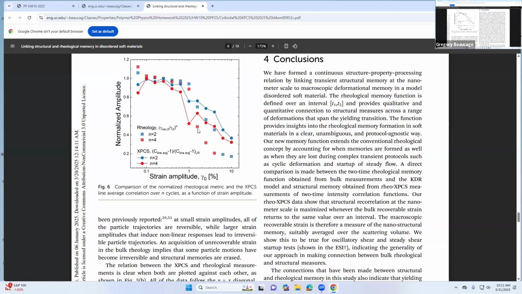His main point in that blurb is that the XPCS is looking at a local level, so it's seeing more highly correlated things. The other one is an average over the entire sample, and it's seeing less correlation. So he's saying there are regions of correlation. It's not homogeneous. There are regions with high correlation, seen by XPCS, and the average is lower because it's also mixed in with these lower correlation regions. That was kind of weird.